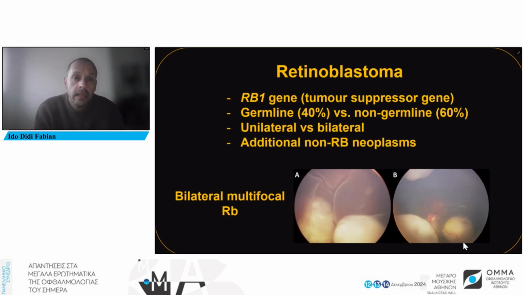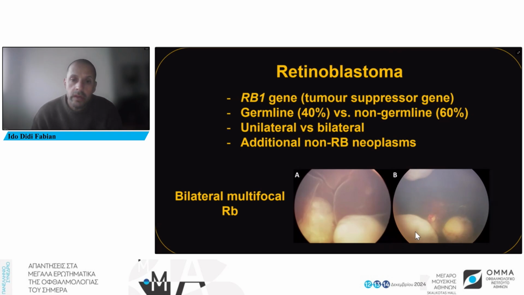The second allele in the same cell in the retina got mutated, and then they developed a clinical retinoblastoma. These non-germline cases are unifocal unilateral, so a single tumor in one eye. The bilateral cases are commonly multifocal, so several tumors. You can see the example here.